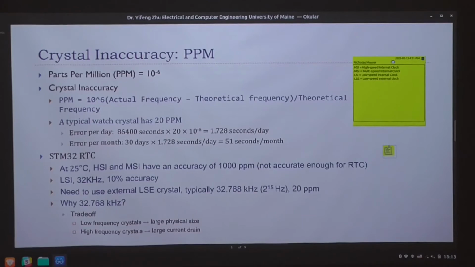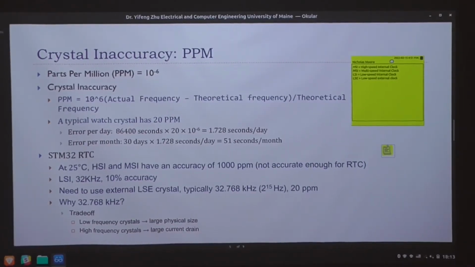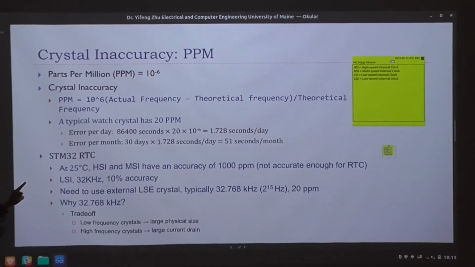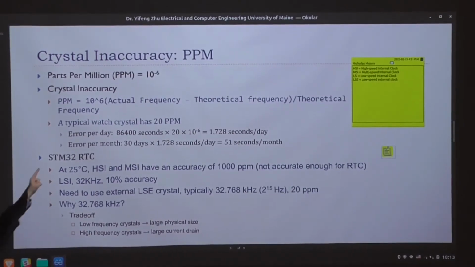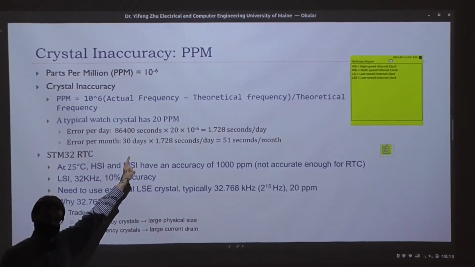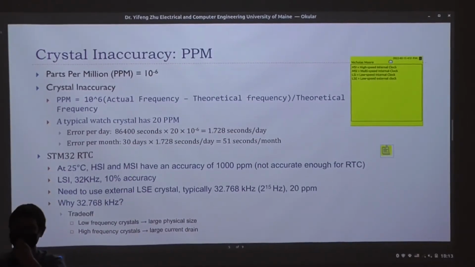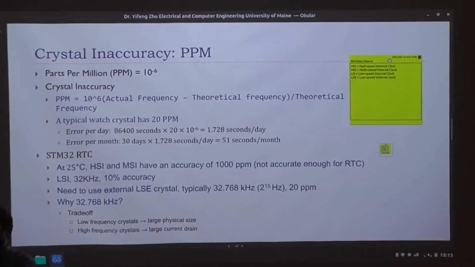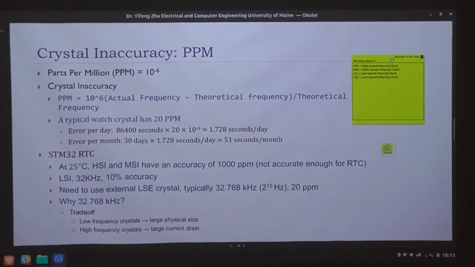I might have to look that up in the textbook. Because in theory, the actual frequency would always be less than the theoretical frequency, because if you're losing waves, right?